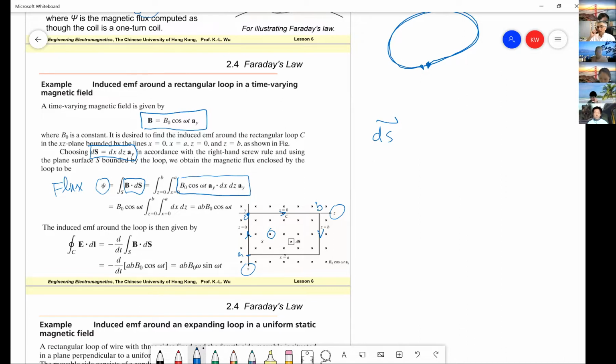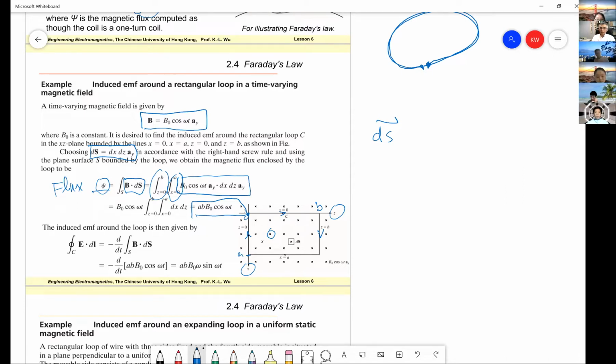So this is how we define our limits. Then this integration is very straightforward. So at the end, we know the flux must be a function of time. Otherwise, the derivative will be 0, and the EMF will be constant equal to 0.